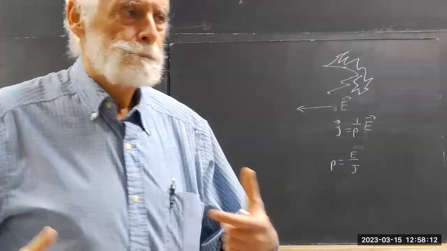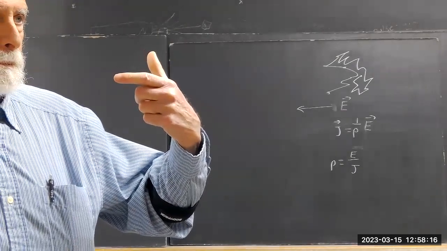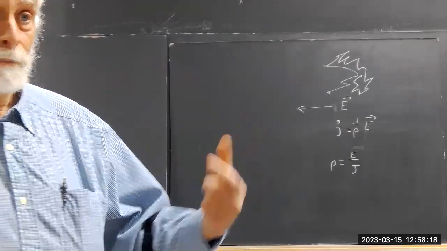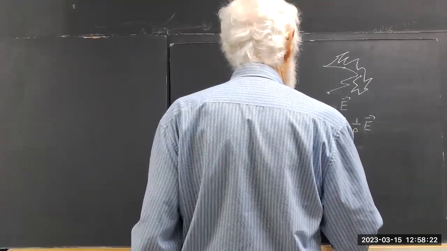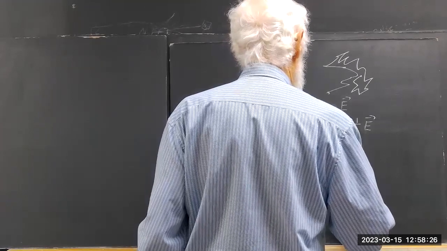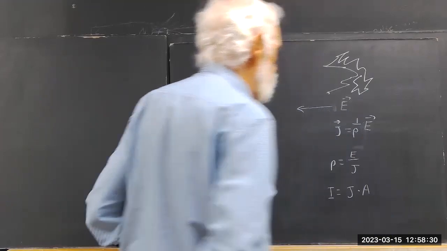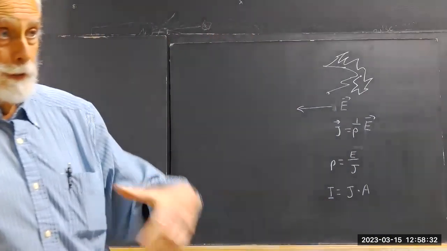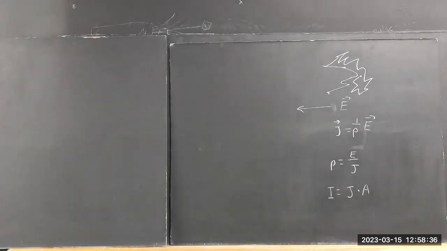It's the ratio, the proportionality constant between electric field and current density. And of course, your current is your current density, which is current per unit area, multiplied by the area.